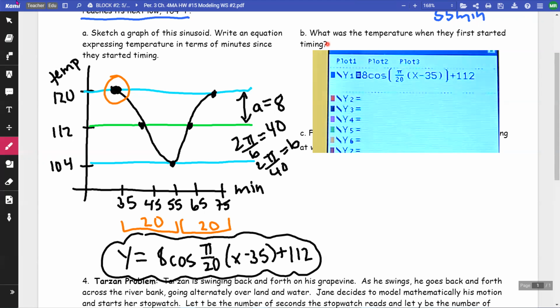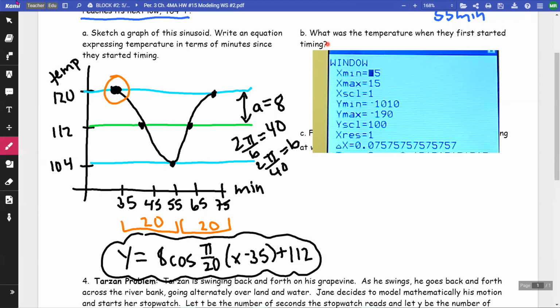And so I'm going to go to the window and I'm going to adjust it so that it looks like my graph. So I'm going to go -5 on the other side of this to 75. Maybe I'll go slightly beyond that, so I'll go to 80. And let's say I just scale it by 5s.